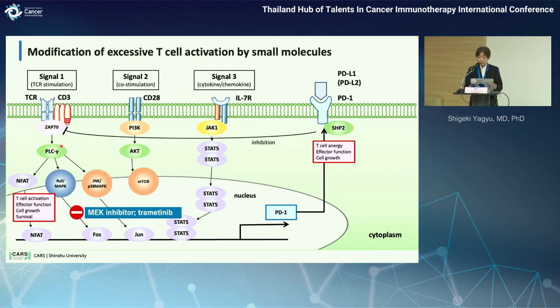To control the CAR T cell exhaustion caused by excess activation of T cell signaling, we have tried to control T cell activation by modifying the downstream of T cell signaling.